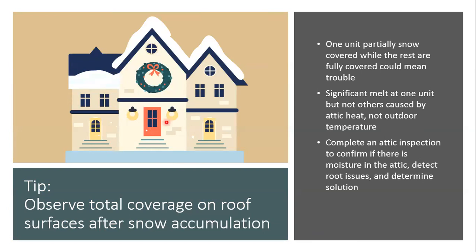If you have units that are completely covered in snow, and then you have another one that's only partially covered, where there's snow along the bottom half, but along the top, it is completely bare, you can see all of the shingles. That could be an indication that there's an airflow issue within the attic, that it's too hot, and it's the attic heat that is melting all of this rather than the outdoor temperature, if it's only happening to the one unit. So this is something that can lead to ice damming.